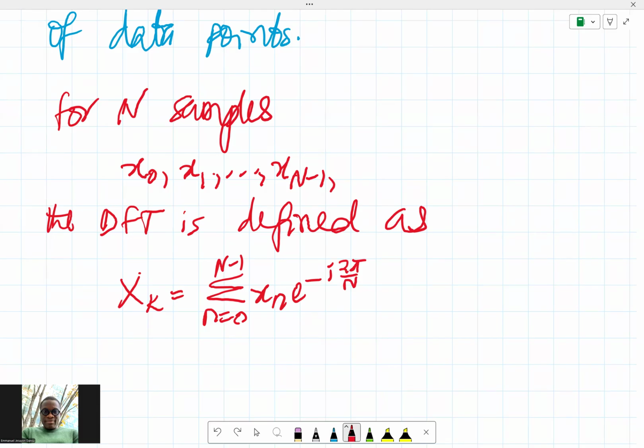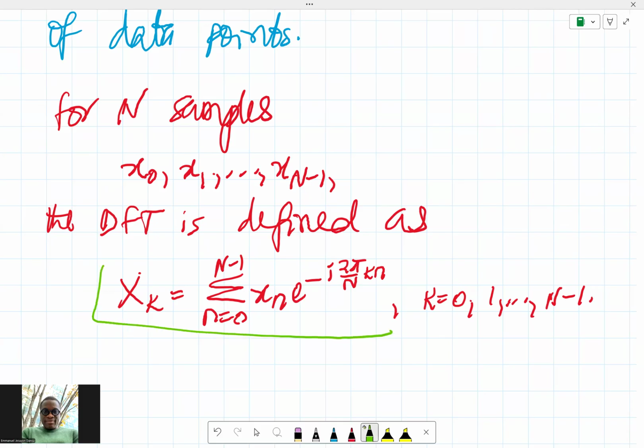So you have kn. And of course, k is 0, 1, all the way down to N minus 1 also. Okay, that's the idea. So this is what you have for the discrete Fourier transform. So that's straight to the point, right?